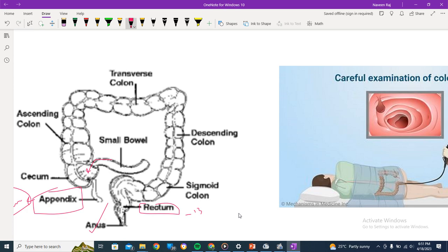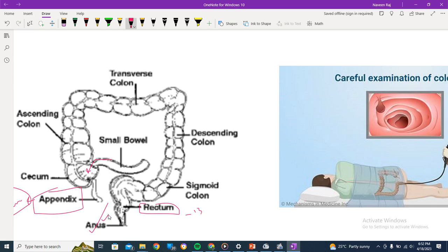If you talk about the anal canal, there are the internal sphincter and the external sphincter, two sphincters present in the anus region. One of them is smooth muscle, and one of them is skeletal muscle. We'll be discussing the sphincters in more detail probably in the next lecture, but this is how it works.